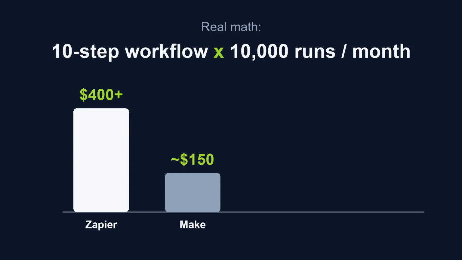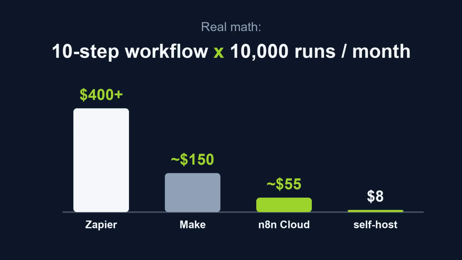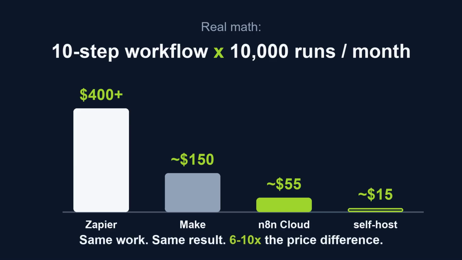Around $150. On n8n Cloud, 10,000 executions flat. About $55. And n8n self-hosted? Just your server. $15, give or take. Same work. Same result. 6 to 10 times the price difference.